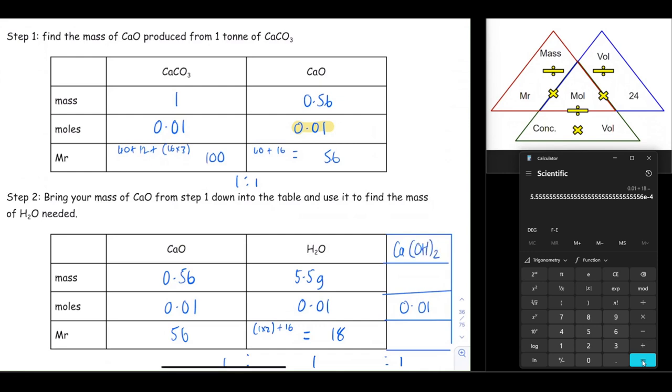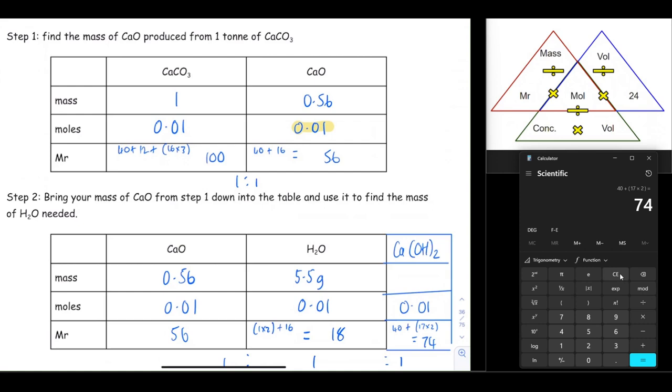So calcium hydroxide is 40 plus hydroxide is 17. So we've got two of them, 17 times 2. So 40 plus 17 times 2 gives us 74.